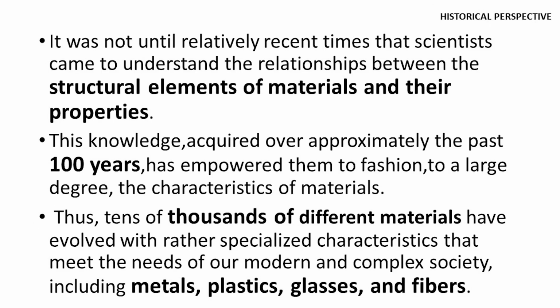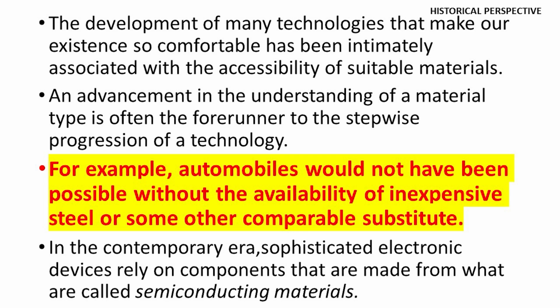And then next is the structural element, materials and their properties. And then this knowledge was acquired over approximately only the past 100 years. So thousands of different materials have evolved with rather specialized characteristics. And those are metals, plastics, glasses, and fibers. So gradually, we can have various kinds of material systems.